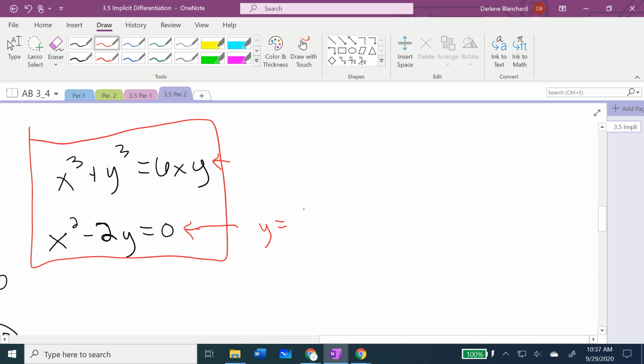y equals, excuse me, x squared divided by 2. And now let's go back and substitute that into all the y's of the other equation. My other equation is x cubed plus y cubed equals 6x times y.